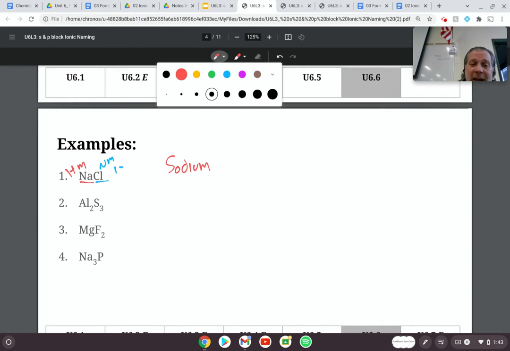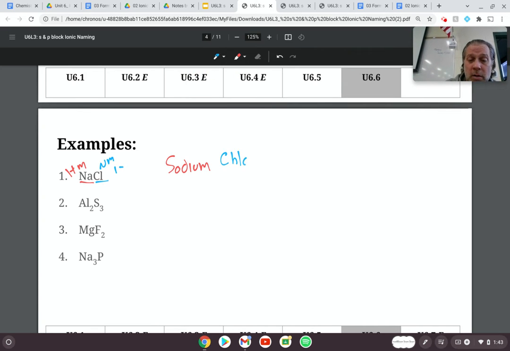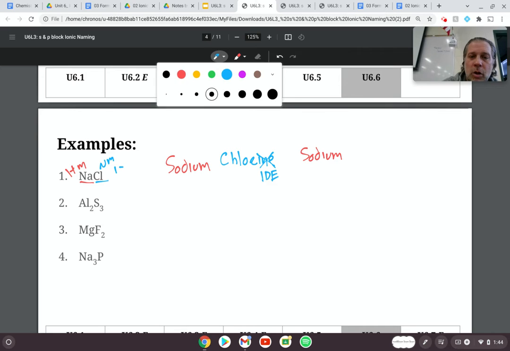And then I'm going to locate Cl on the periodic table and write down its name, which is chlorine. And then because this is an ionic compound, I'm going to drop the INE and change it to IDE. So the final name for this compound is sodium chloride.